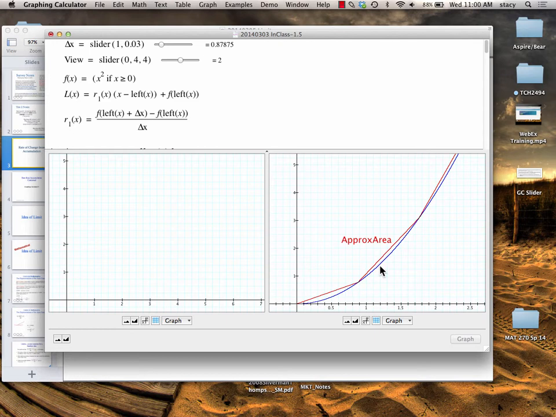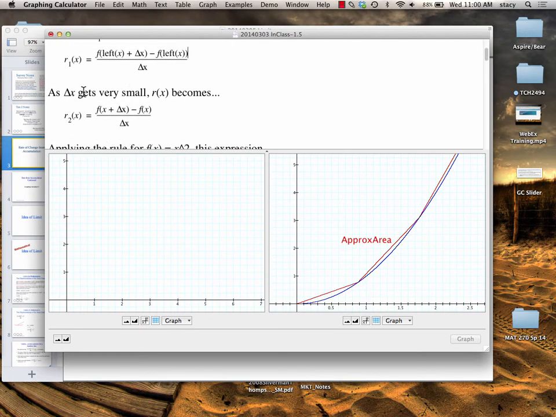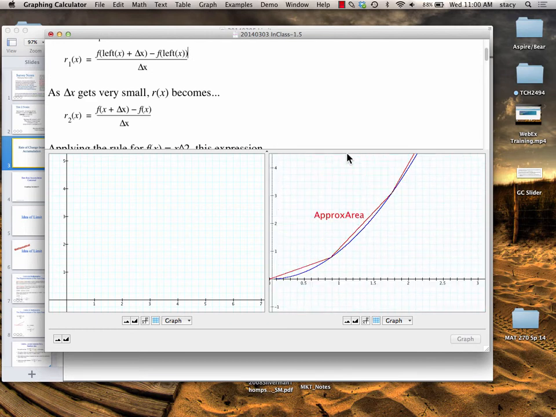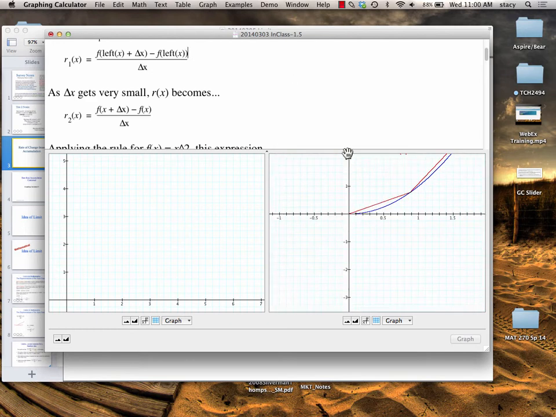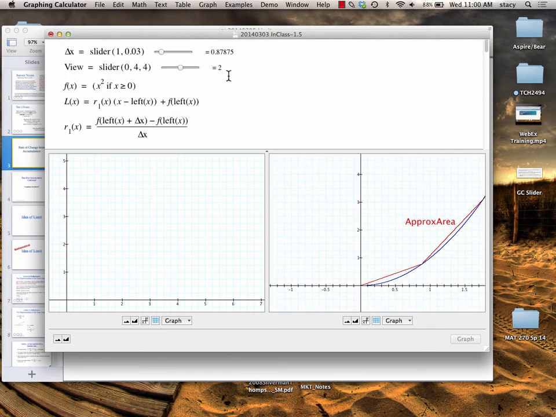Okay. So thinking about the big picture again, we've developed this. We found the average rates of change for the given intervals. We use those rates of change to write our linear function. Sorry.